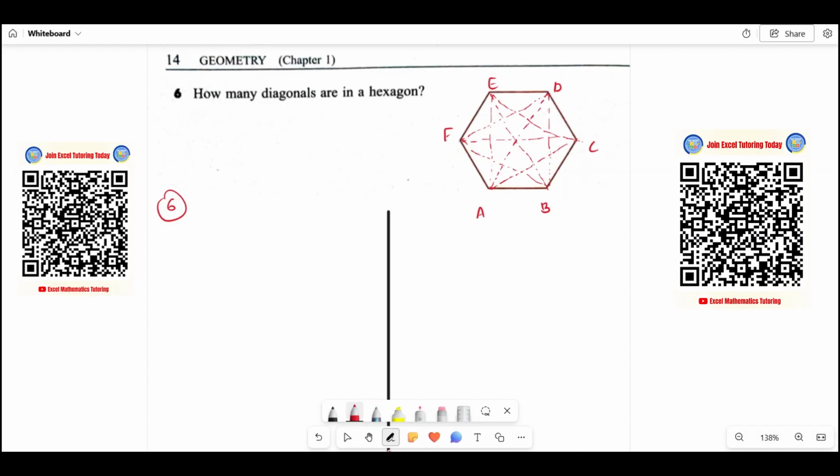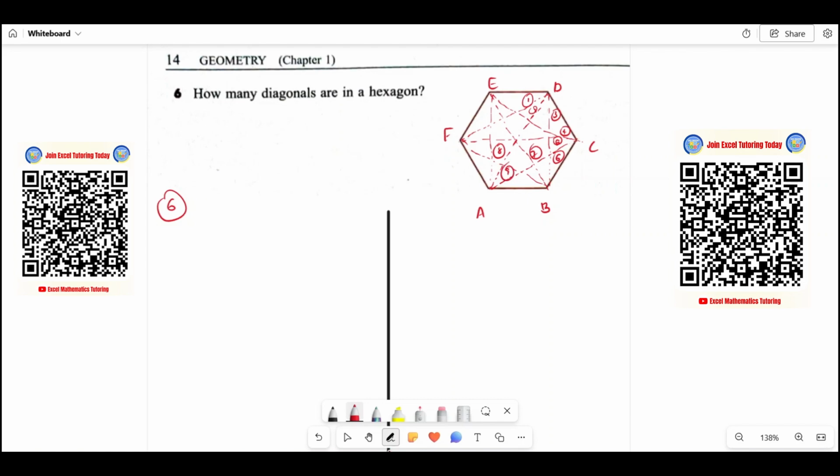So how many have we already drawn here? 1, 2, 3, 4, 5, 6, 7, then 8, then 9.